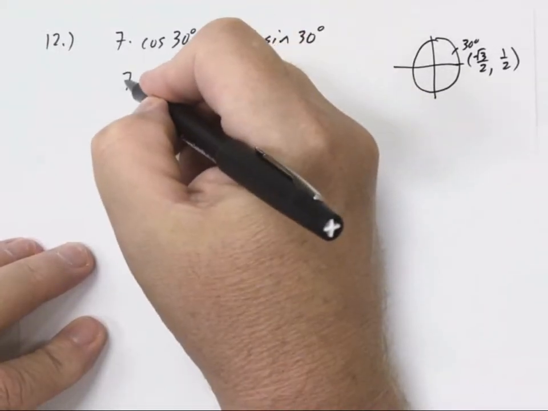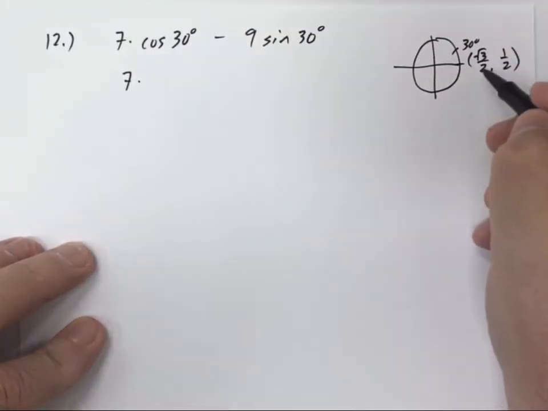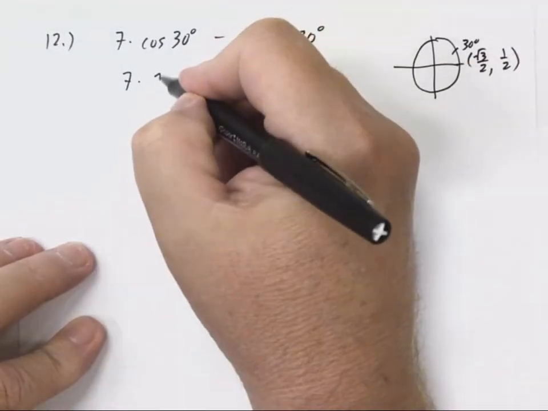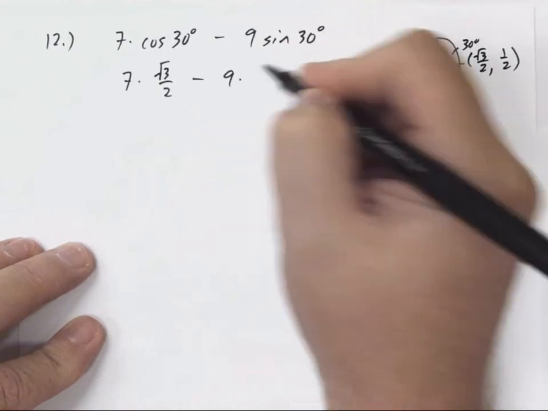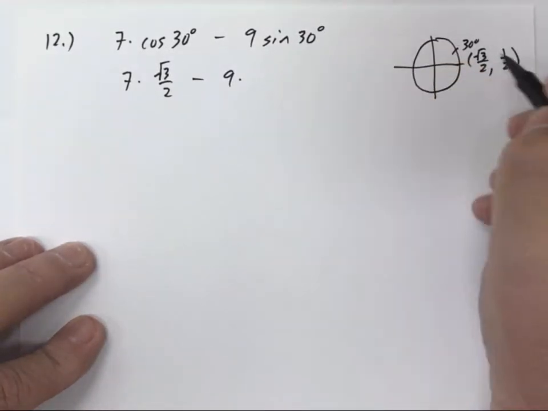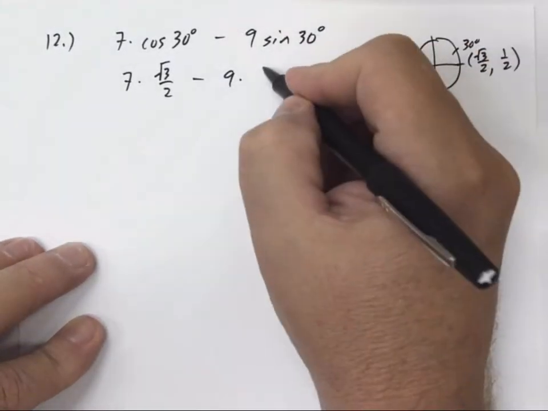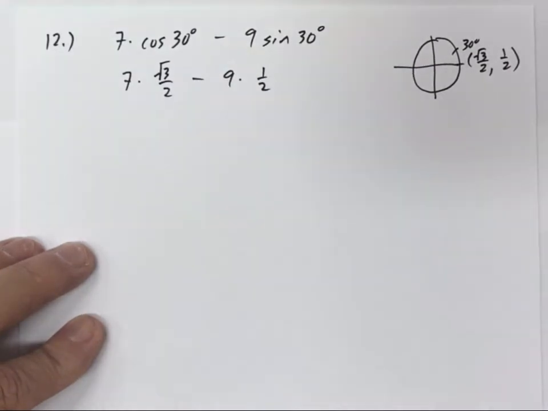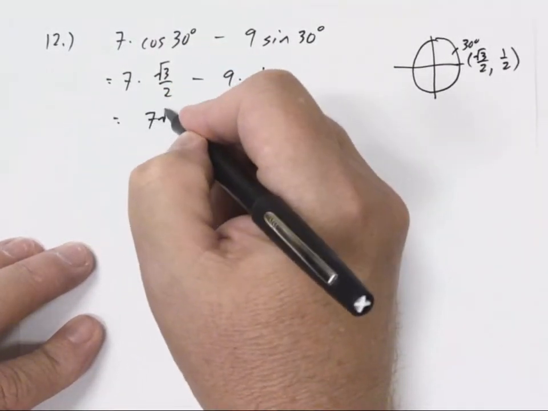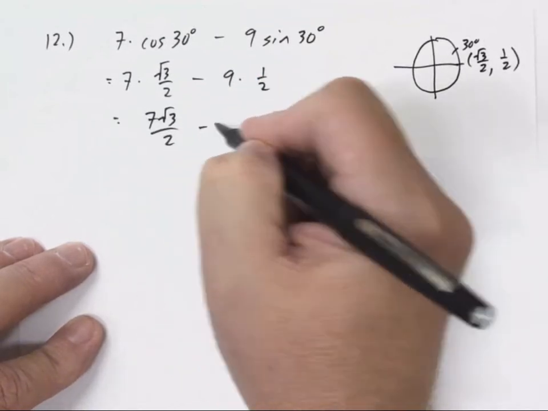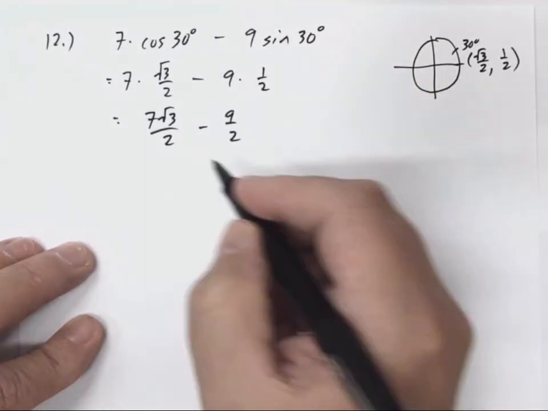So 7 times the cosine of 30 degrees, the cosine's the x value of this point, square root of 3 over 2, minus 9 times the sine of 30 degrees, which is the y value of this point. So I have 7 square root of 3 over 2 minus 9 halves.